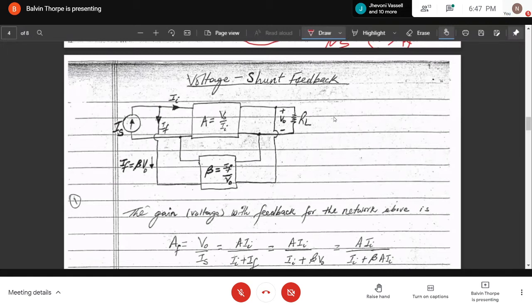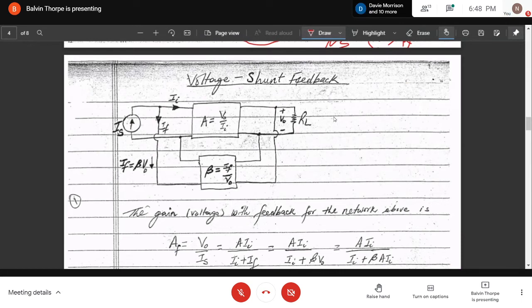Now, you know, there are a couple of other things. Would you agree with me that IS equals IF plus II? Yes, sir.